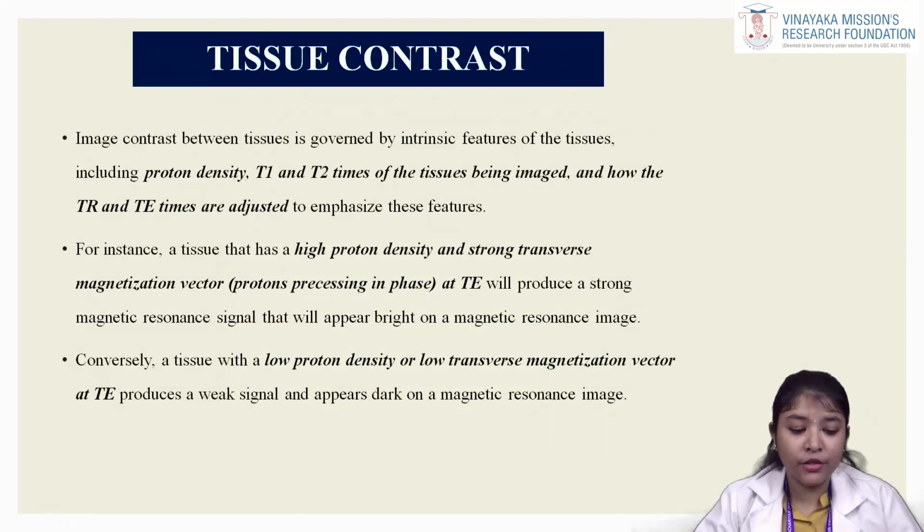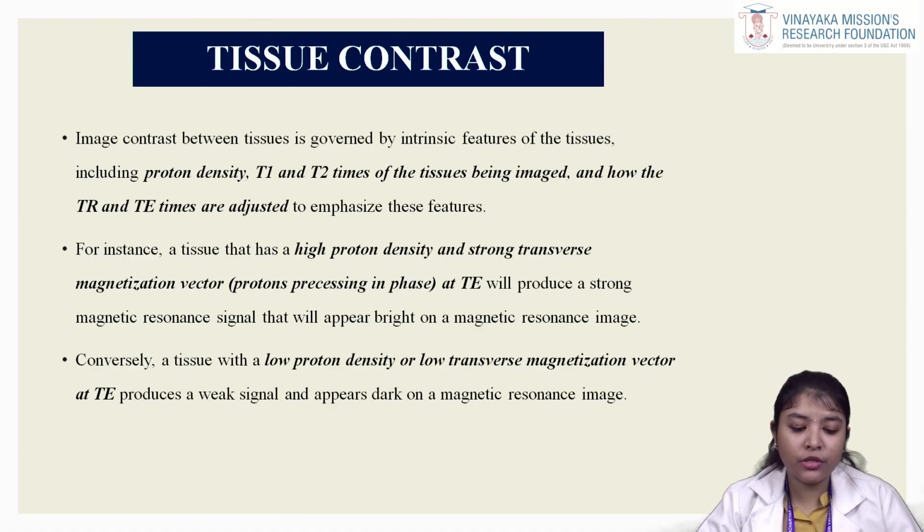Tissue contrast is mainly governed by intrinsic features of the tissue. It includes the proton density, T1 and T2 times of the tissues being imaged, and how the TR and TE times are adjusted to emphasize these features.